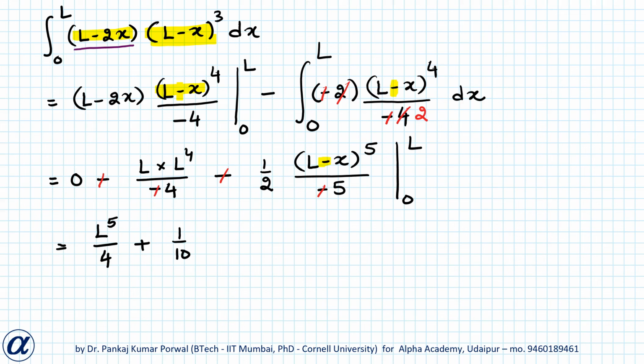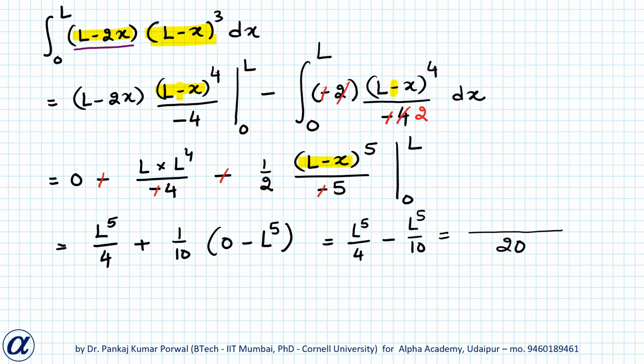At x equals L this becomes 0, and at x equals 0 it becomes minus L to the power 5. That is equal to L to the power 5 by 4 minus L to the power 5 by 10 equals, and I can take 20 as LCM, so I get 5 L to the power 5 minus 2 L to the power 5 equals 3 L to the power 5 by 20.